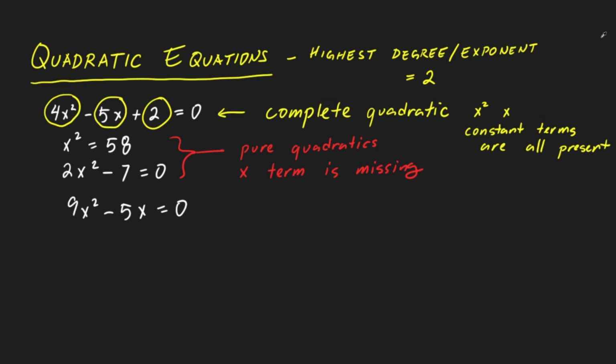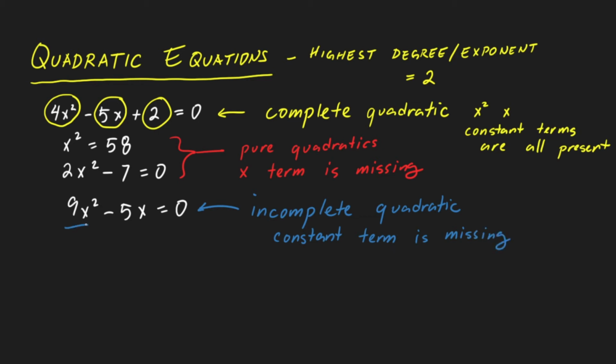So the last one, we have the incomplete quadratic. Because this doesn't have a constant term. So the constant term is missing.